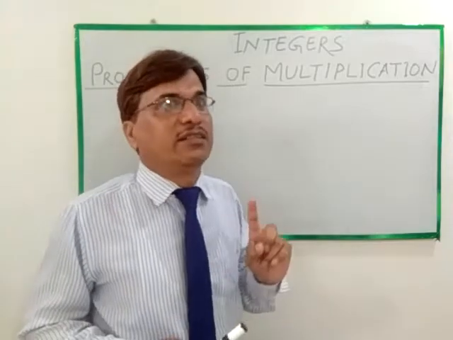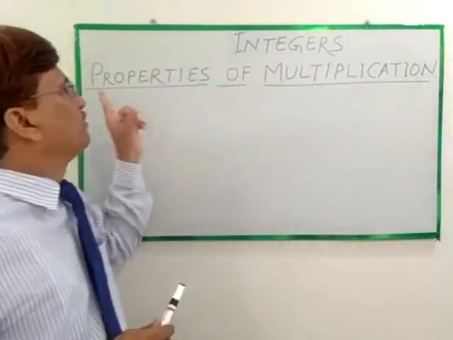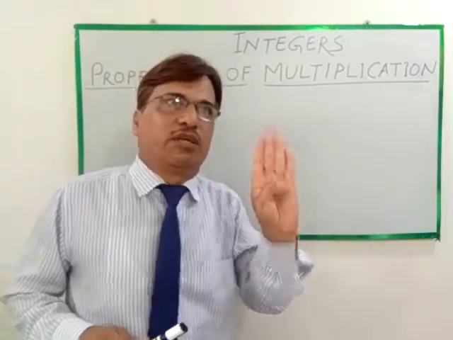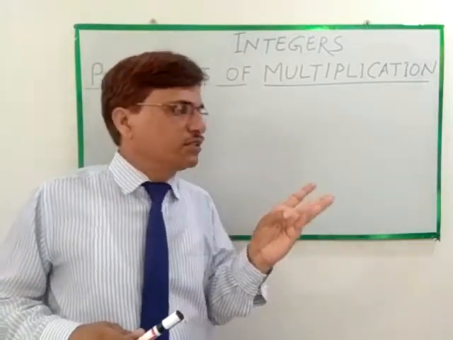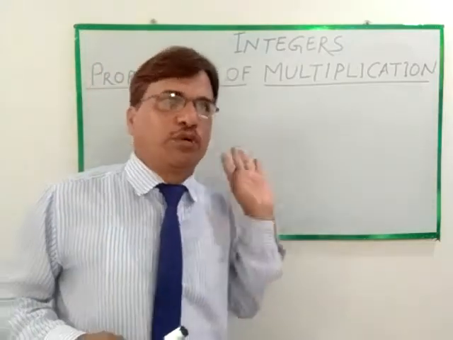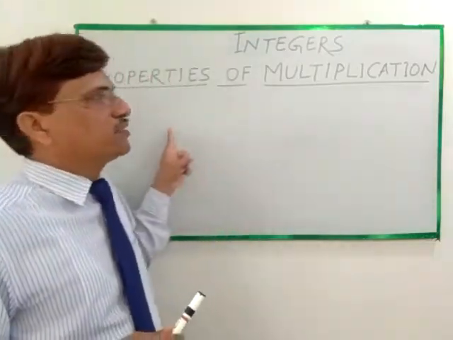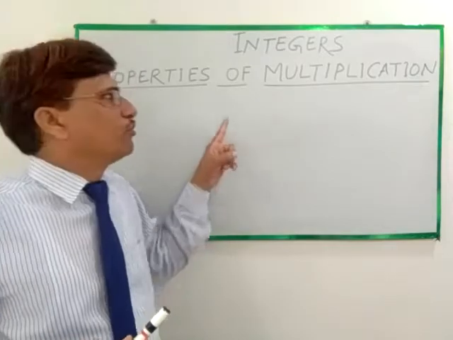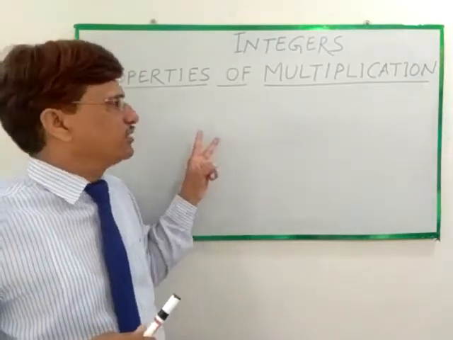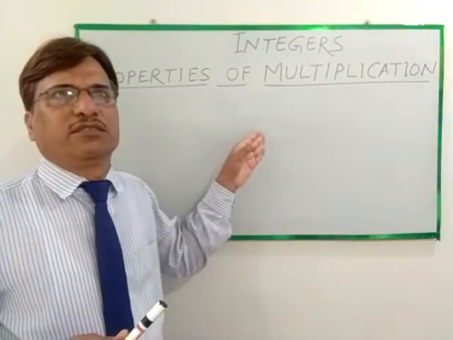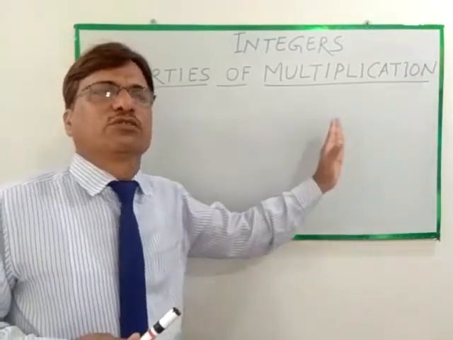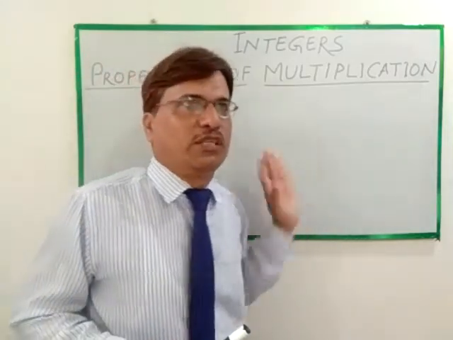Then I have taught the properties of addition. We have learned three properties: closure property, commutative property and associative property. First, closure property over addition: when we take two integers and add them, we get an integer. That is the closure property.